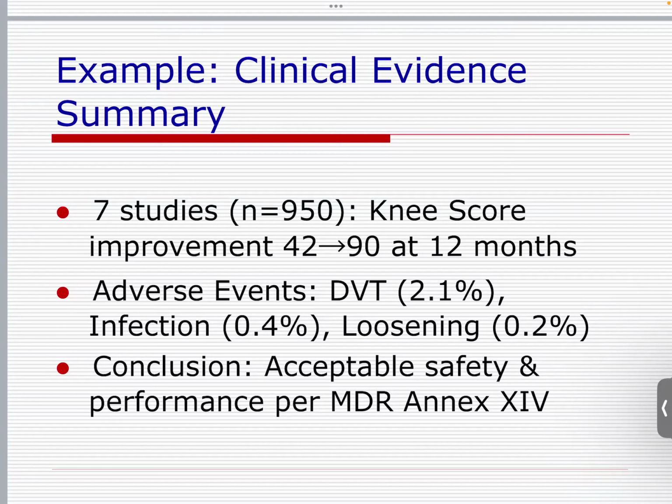You can't say this is performing exceptionally well, or this outshined the rest of the devices. No, you can't use that kind of words. Instead, you present the data. Similarly, adverse events indicate safety, and the data you have given shows a very small percentage. The conclusion is acceptable safety and performance as per MDR. These are European guidelines.